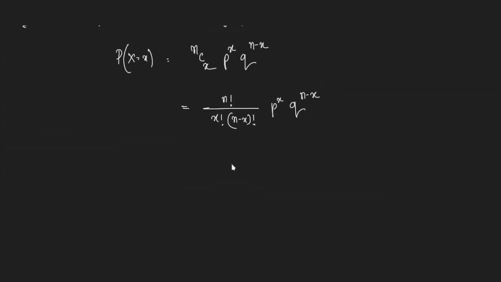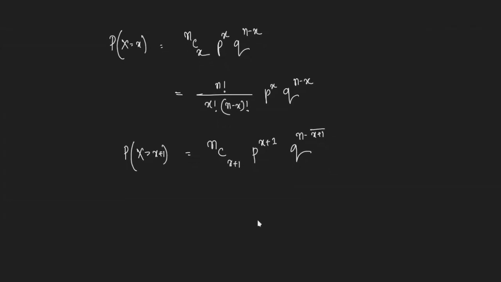If we put x plus 1 in place of x, the probability of x plus 1 becomes nC(x plus 1), p to the power x plus 1, and q to the power n minus (x plus 1).